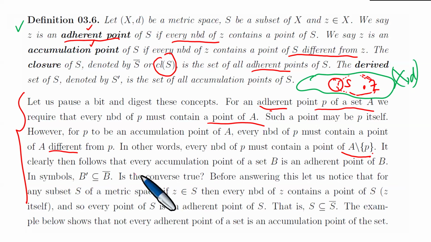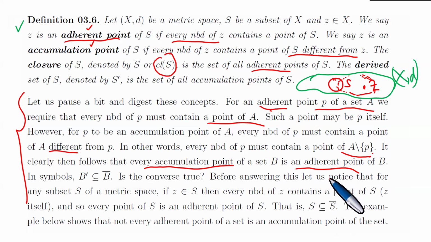It clearly then follows that every accumulation point of a set B is an adherent point. This is very important because these concepts are very close to each other and potentially confusing. But as said here, every accumulation point of a set is an adherent point, because the accumulation points can be in the complement. And so we are saying every accumulation point is actually an adherent point.